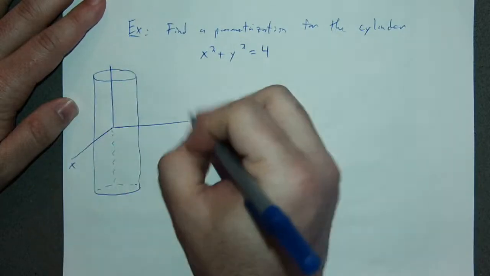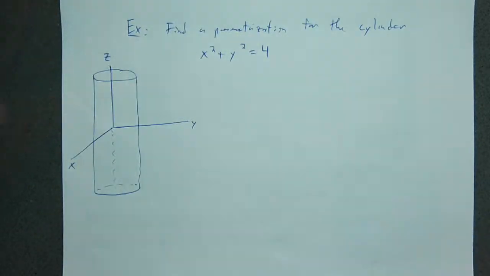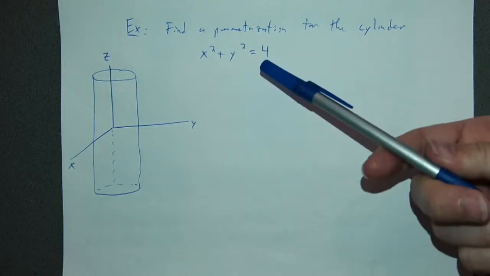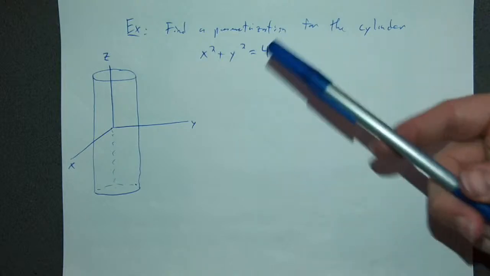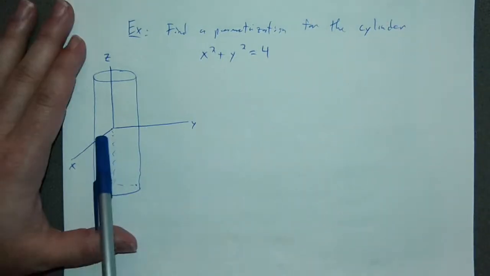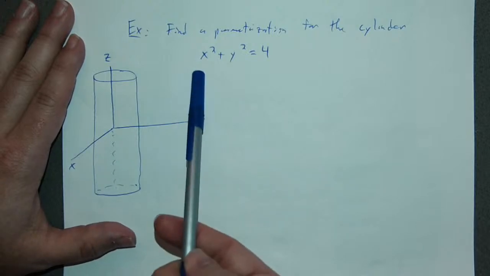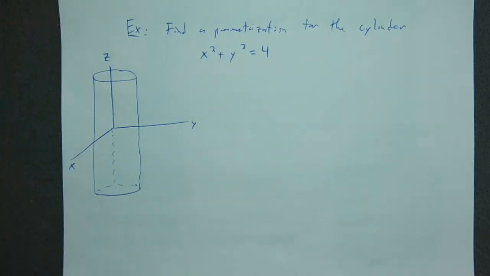So this is just one that's centered on the z-axis. We could do this exact same thing for a cylinder that's centered on the x-axis or the y-axis, right? So consider the cylinder x squared plus z squared is equal to 4. That would be a cylinder that is centered on the y-axis. Or y squared plus z squared is equal to 4. That would be a cylinder centered on the x-axis, okay? So we could do this regardless.